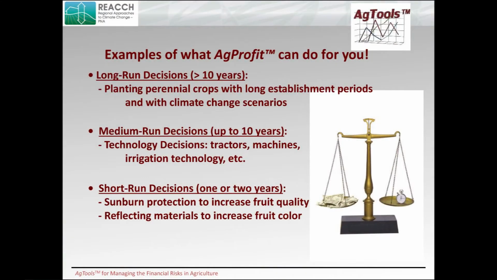The most important point is it'll help you make long-term investment decisions. Should I go out and buy that $300,000 combine to help me be more efficient? Should I keep an annual cropping system over 10 years, or should I do it biannual? It'll also help you make short and intermediate term investment decisions.